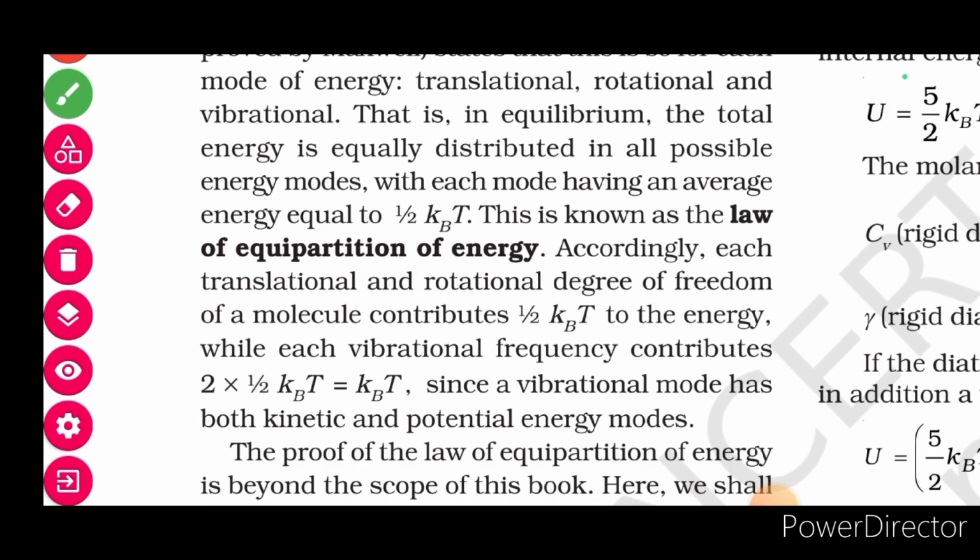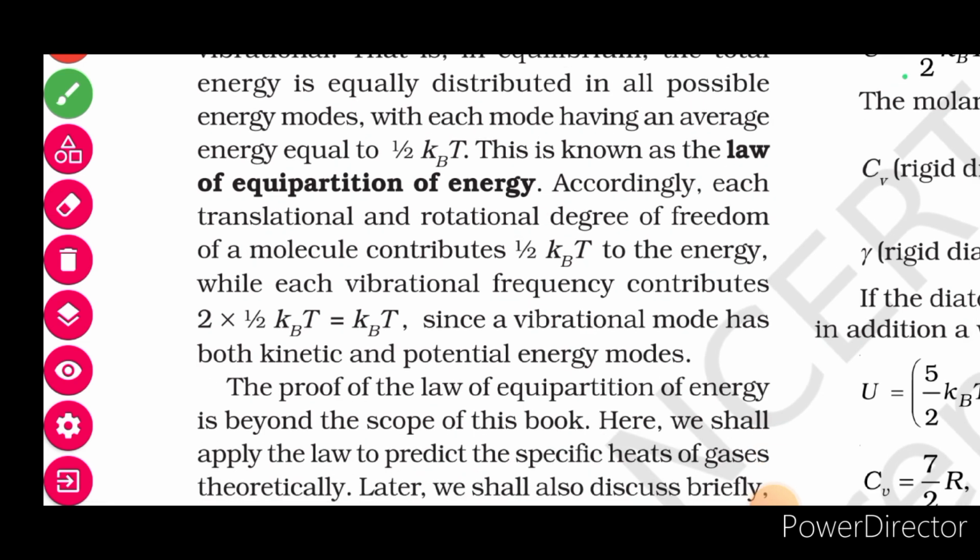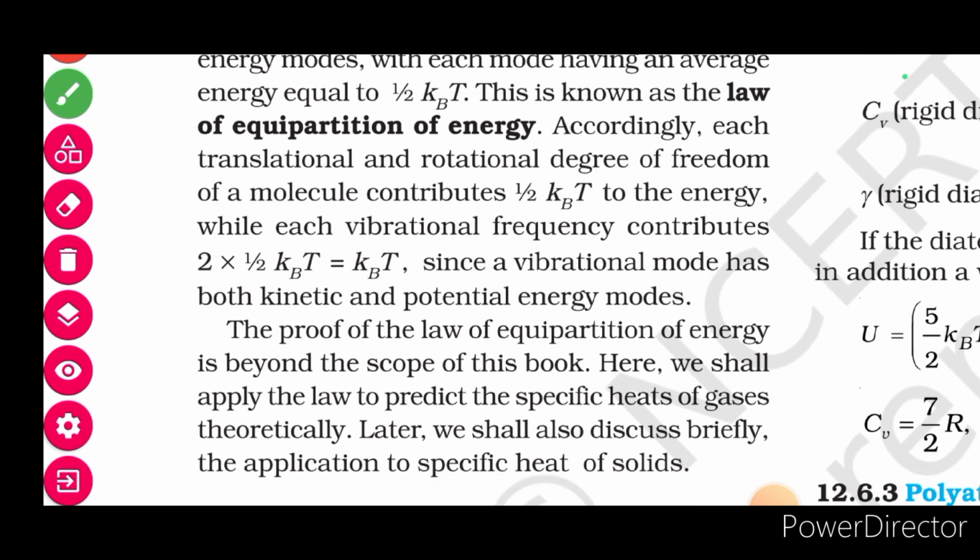Accordingly, each translational and rotational degree of freedom of a molecule contributes half kT to the energy, while each vibrational frequency contributes 2 times half kT, because the vibrational mode consists of kinetic and potential energy. Kinetic energy contributes half kT and potential energy also contributes half kT, making kT.